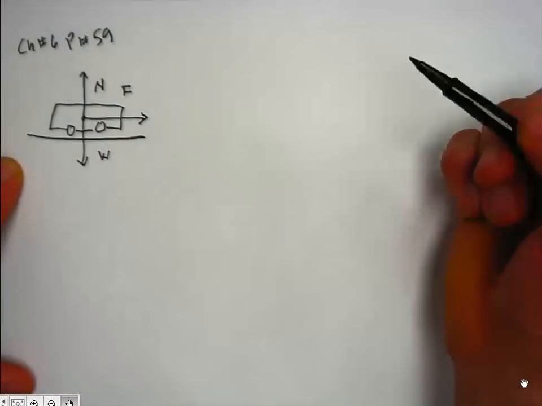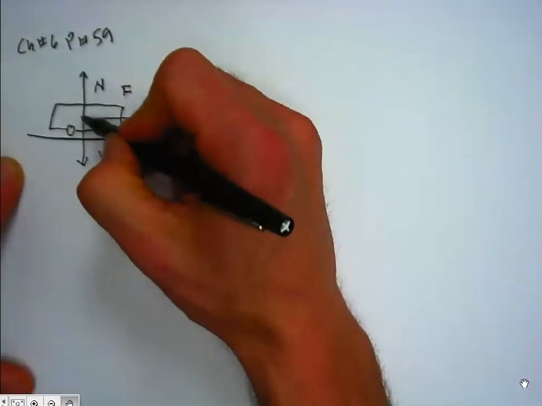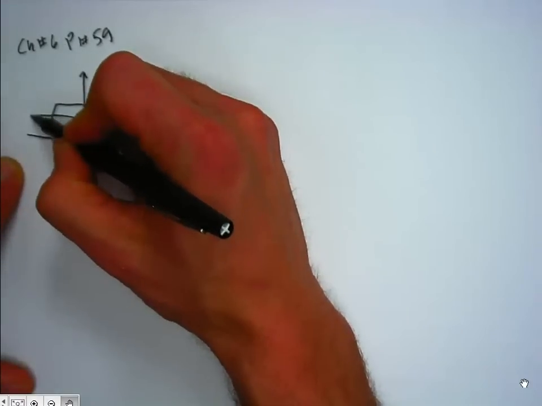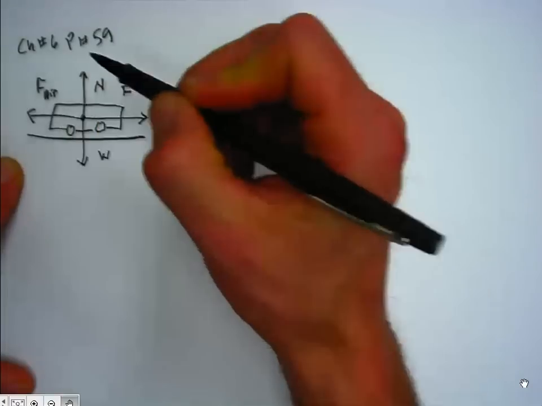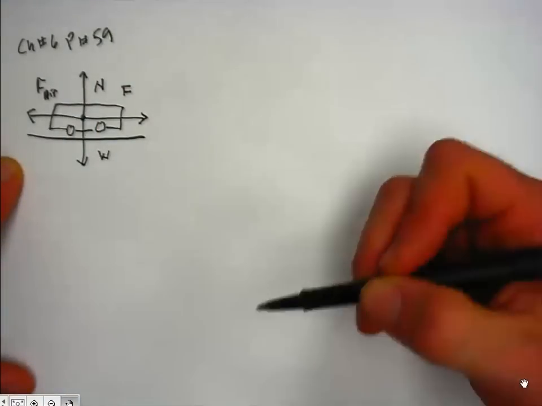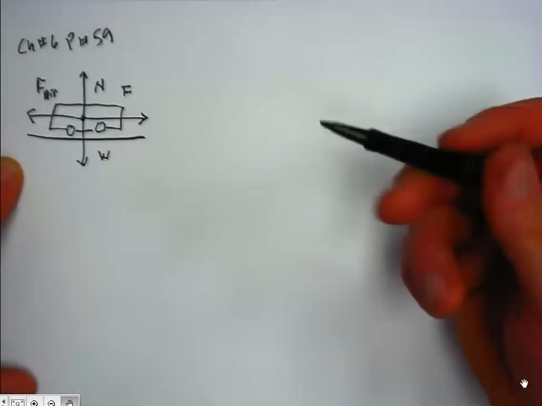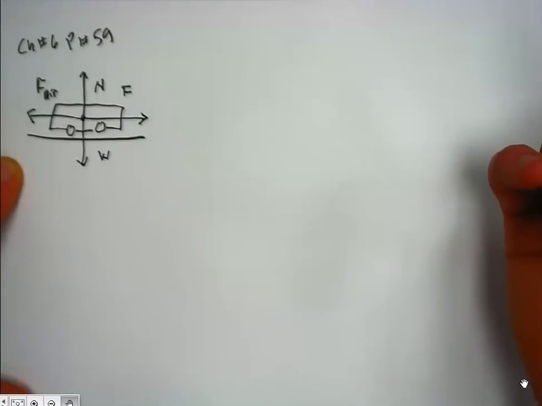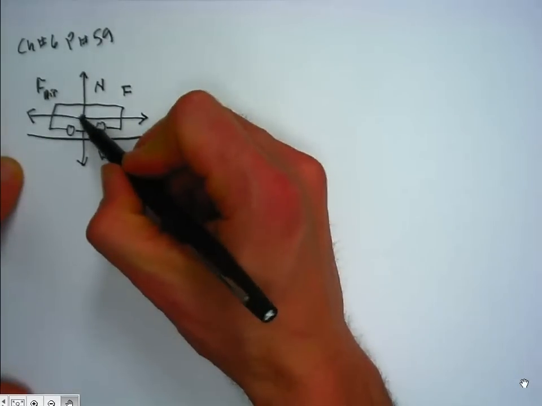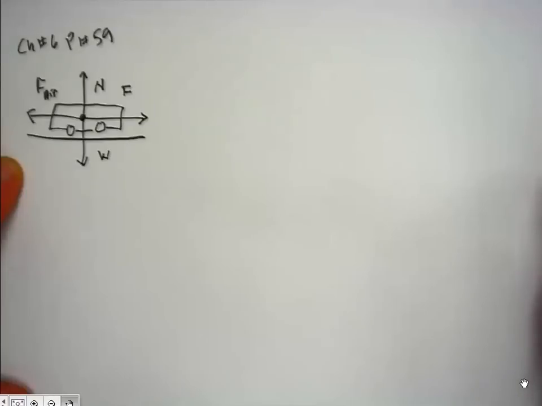So I'm just going to call that force F. And then we have some type of resistive force. I'm going to call it F sub air, for air resistance. So the car is experiencing air resistance, friction, those types of forces that are slowing it down, okay? So there's our free body diagram.